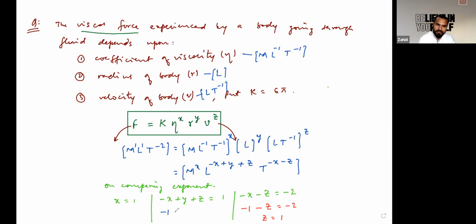It will be -1 plus y plus 1 is equal to 1. This 1 and this 1 would cancel out. So you will get y to be just +1. Is it clear to this part? Any doubt?